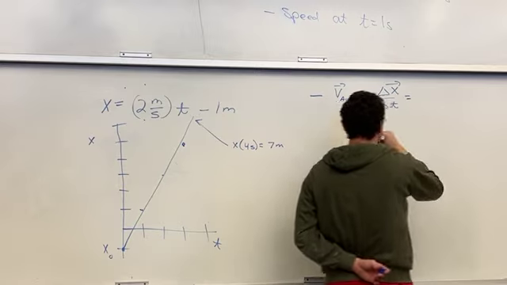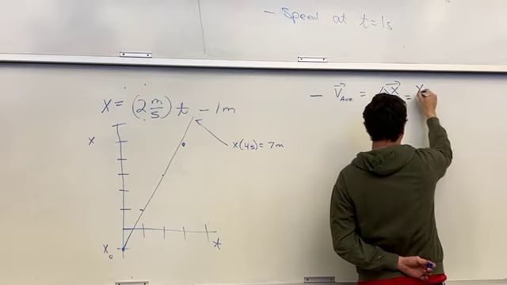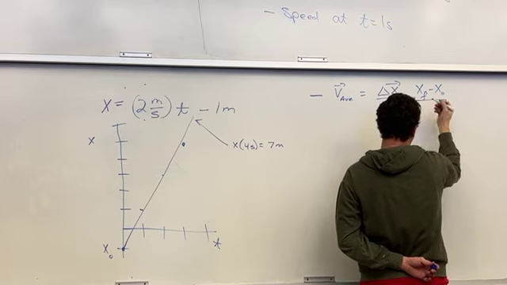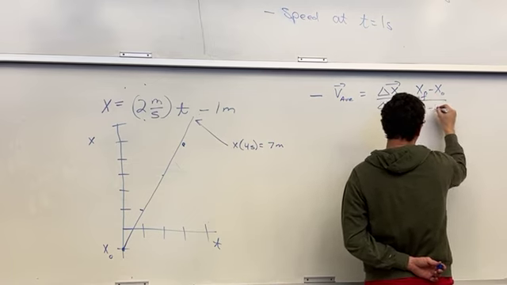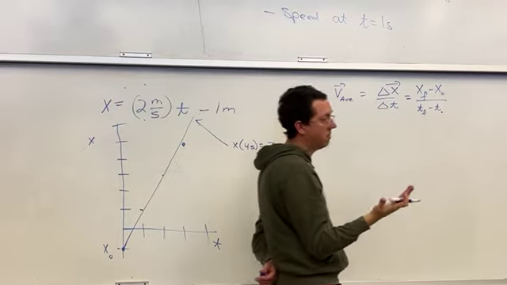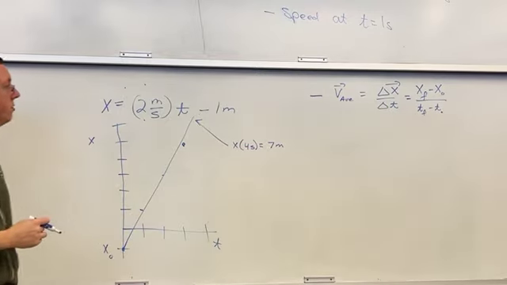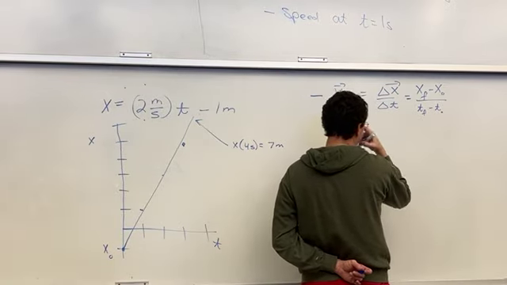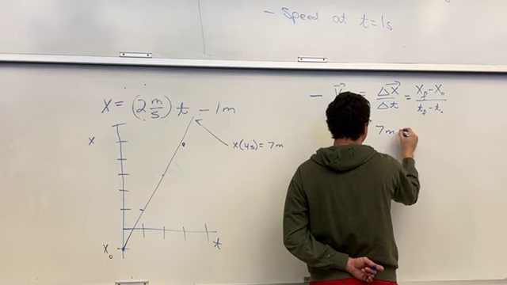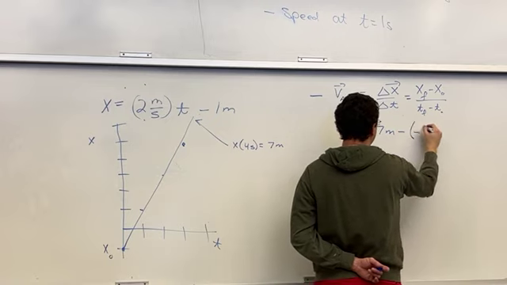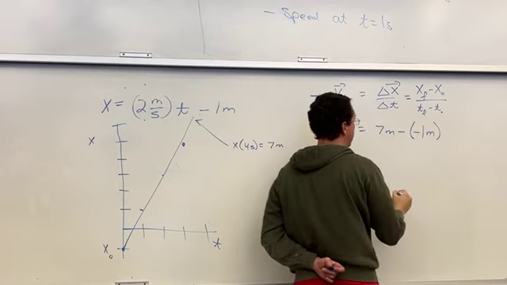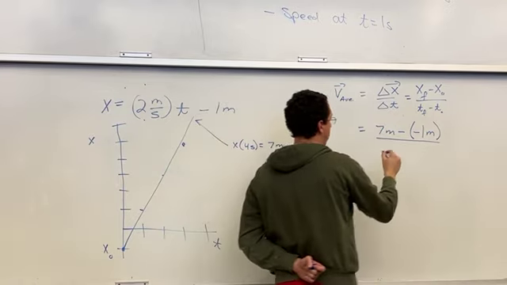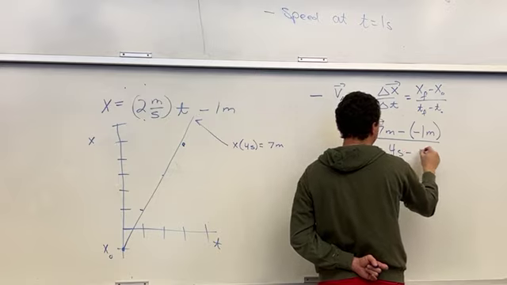So that's going to be x final minus x initial divided by the time final minus time initial, which is 0, because I went from 0 to 4 seconds. This is simply going to be 7 meters minus -1 meter over 4 seconds minus 0 seconds.